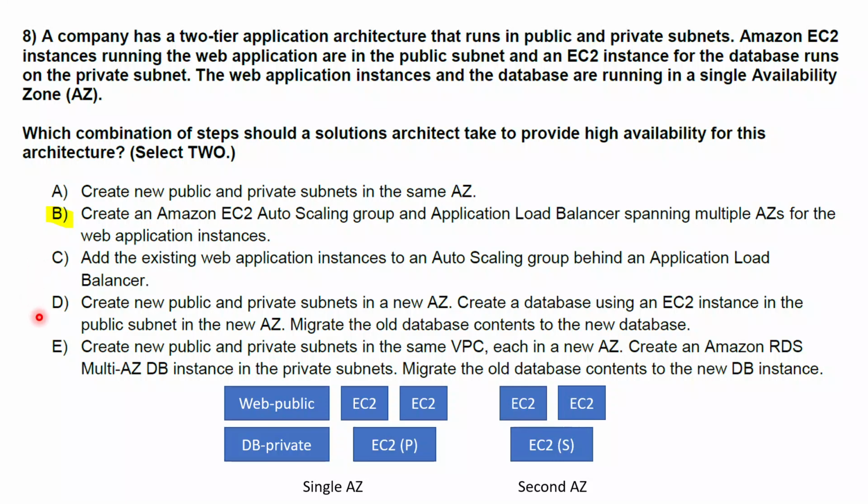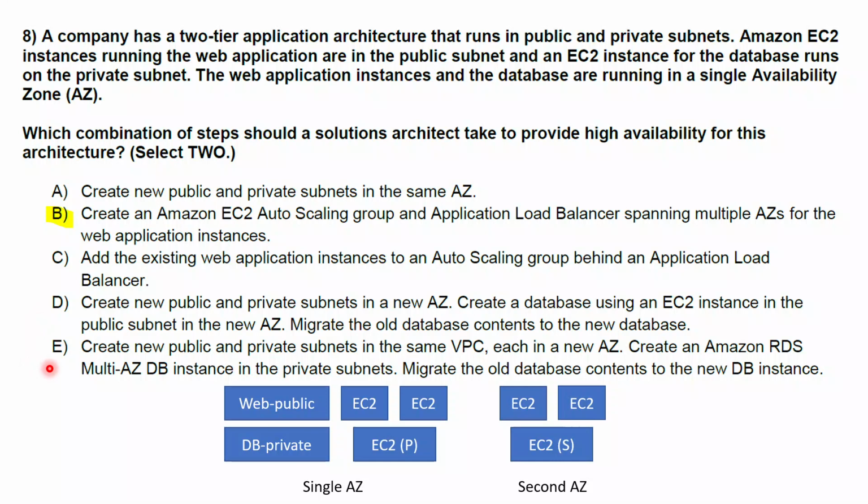Choice D recommends creating subnets in a new AZ, which looks good. It is also asking us to create a database instance in the public subnet and migrate the data to this new database. Now, the database needs to be in the private subnet, and migrating data to another single instance database is not going to provide high availability. So this choice is clearly incorrect.